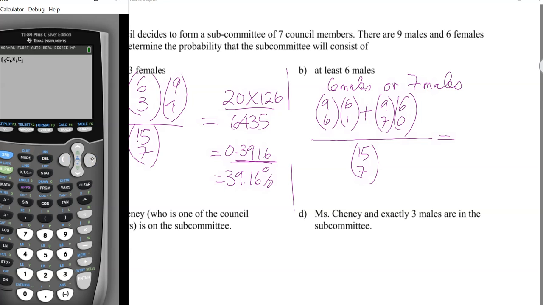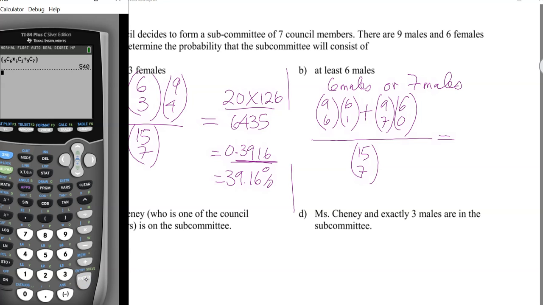Okay, so kick over, plus 9 choose 7. Don't put the bracket there. Kick over. Now, 6 choose 0 or anything choose 0 is just 1. So that's our total. Let's work it out.